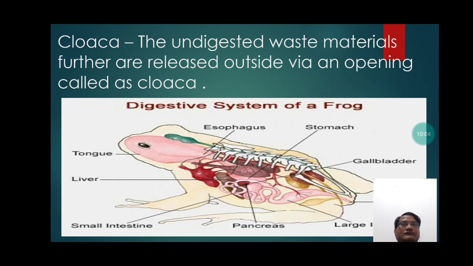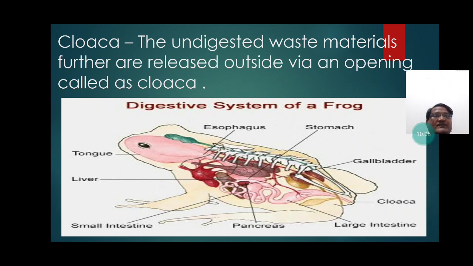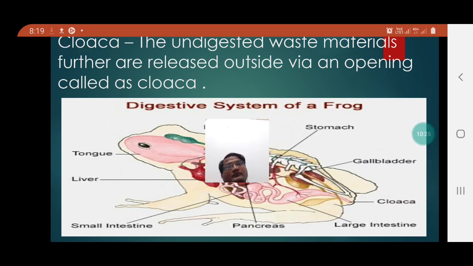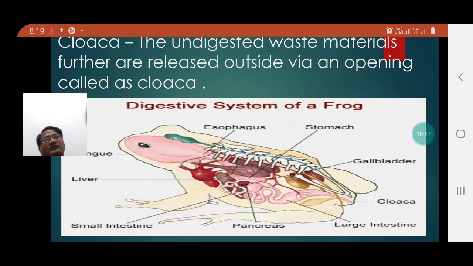Cloaca. The undigested waste material is further released outside via an opening called cloaca. Students, frog generally doesn't have anus.